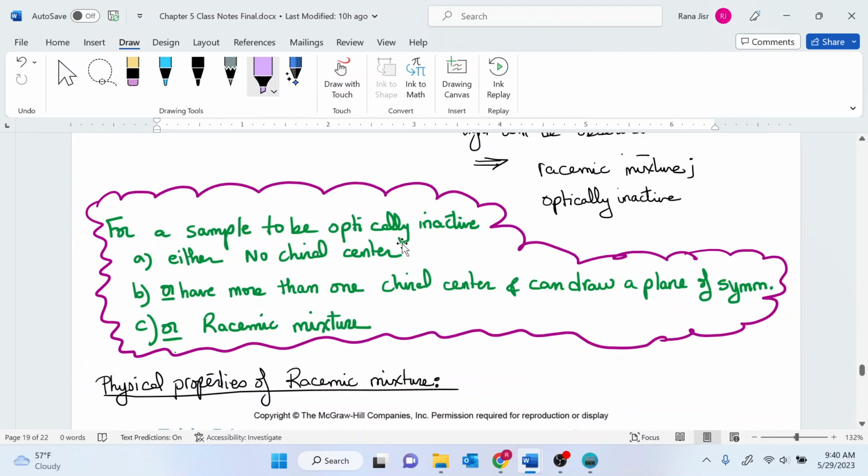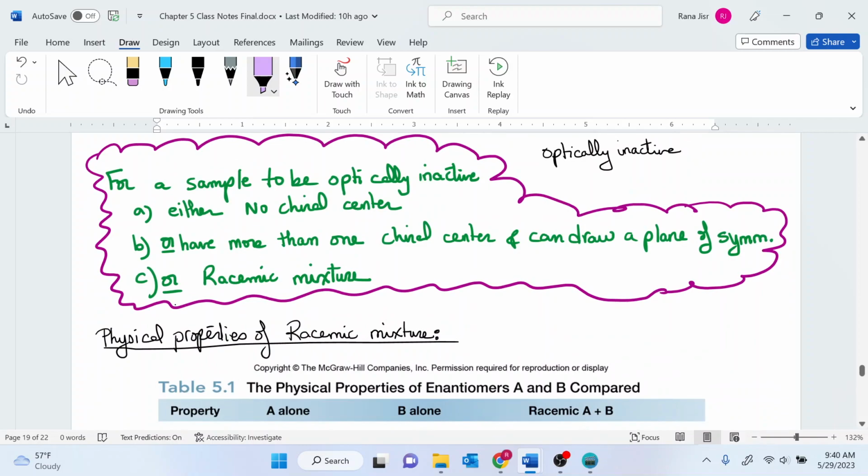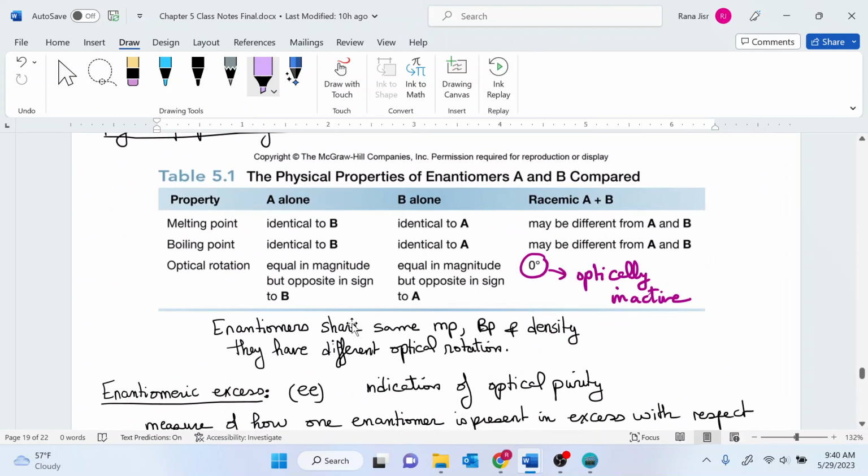So these are the conditions where the sample is optically inactive. It either has no chiral center, or it has more than one chiral center and we can draw a plane of symmetry, which is a meso compound, or it's a racemic mixture. These are the three cases where your molecule is not capable of rotating the plane of polarized light. Why do we care about racemic mixtures?